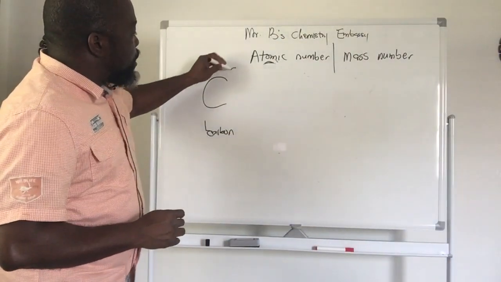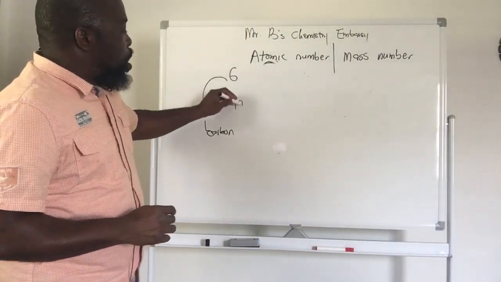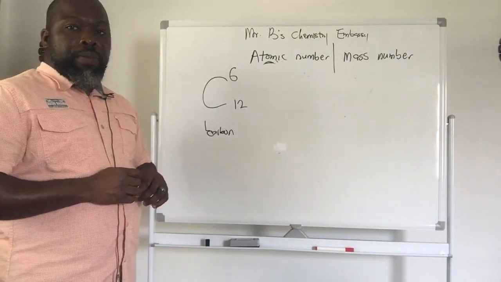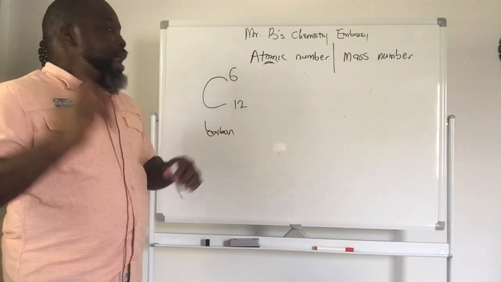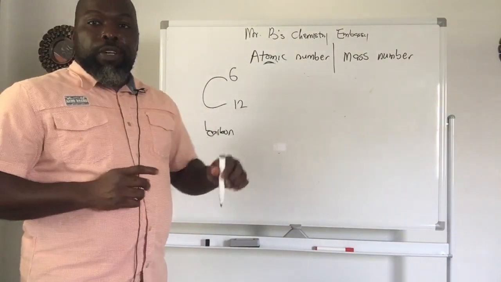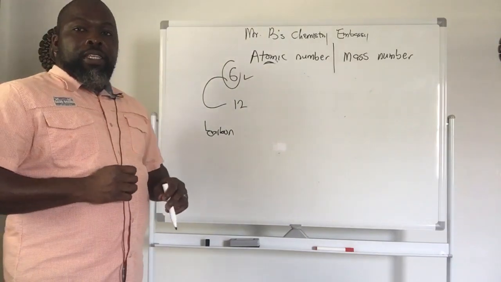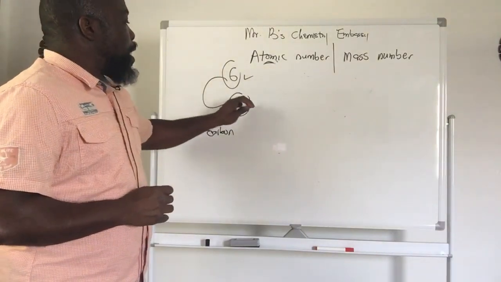One of the numbers is 6 and the other is 12. Can you tell me which one is the atomic number and which one is the mass number? If you say the atomic number is 6, you're right. And if you say the mass number is 12, that is correct.